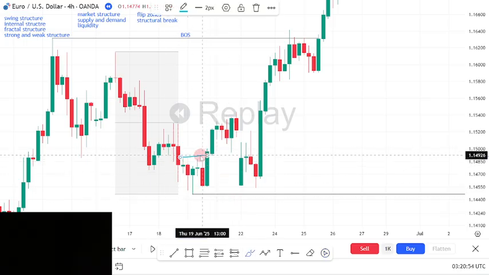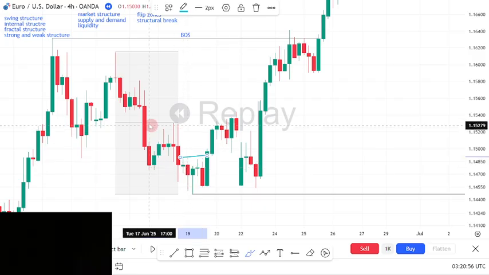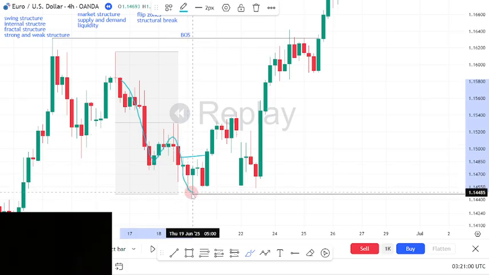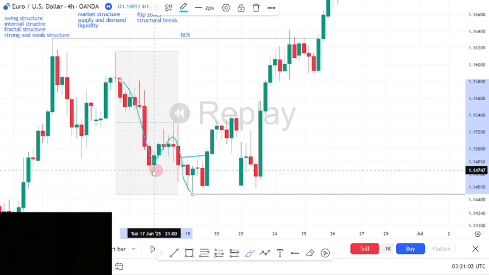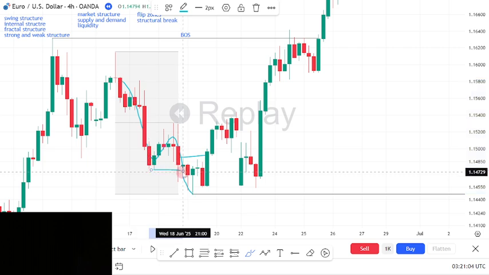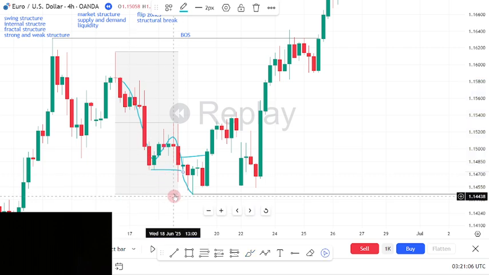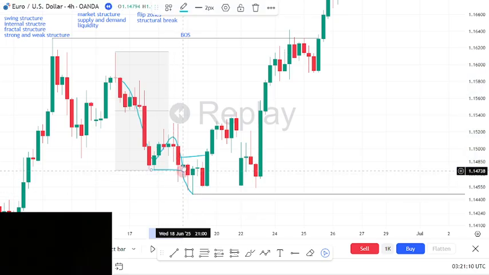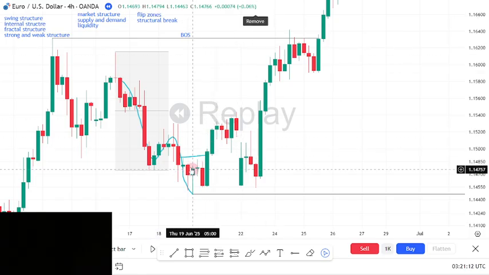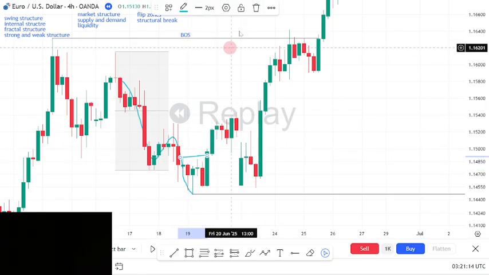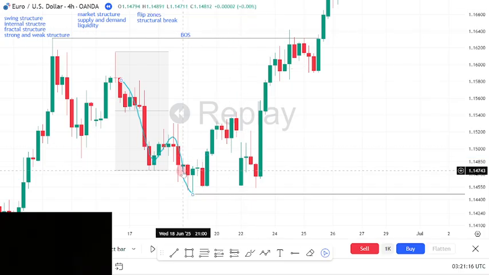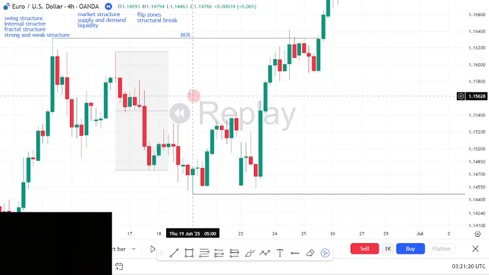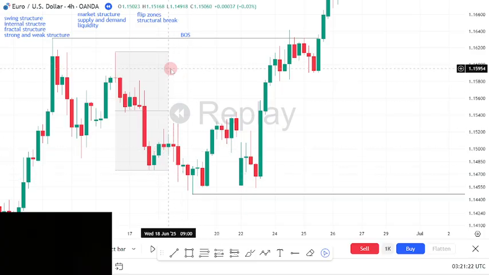So let's say you are selling here, let's say after the break of this structure. Here will be the structure. So we will expect price to pull back.